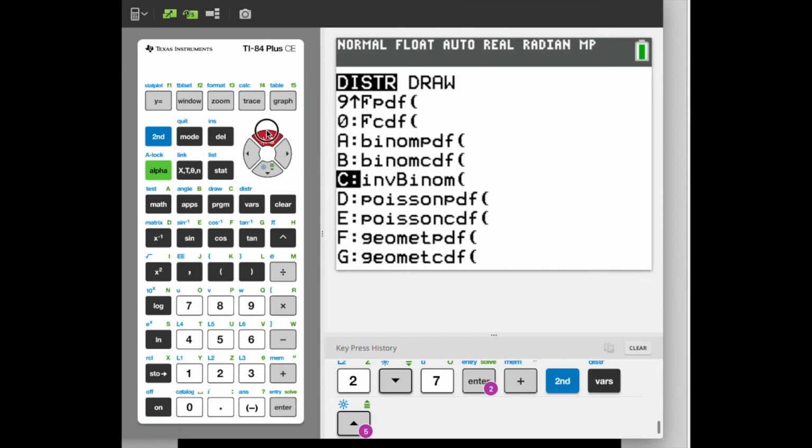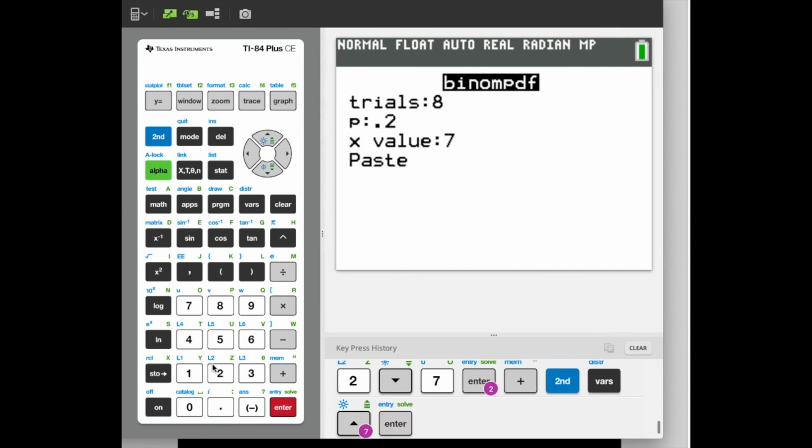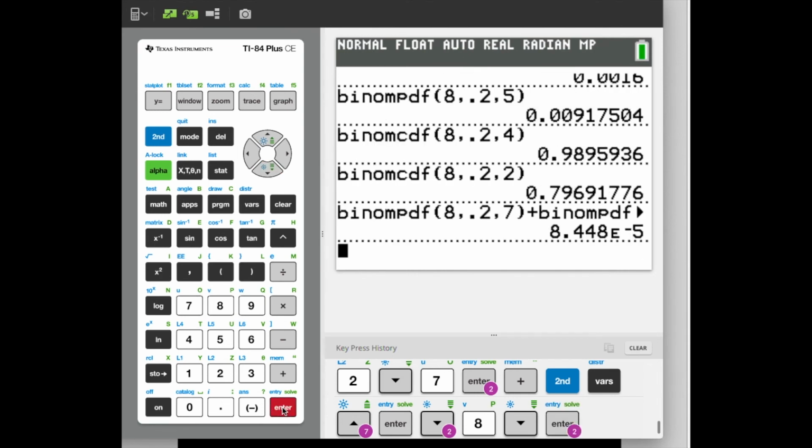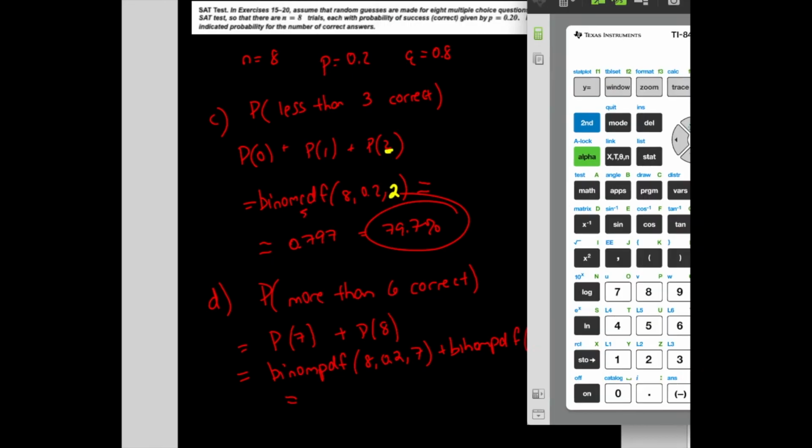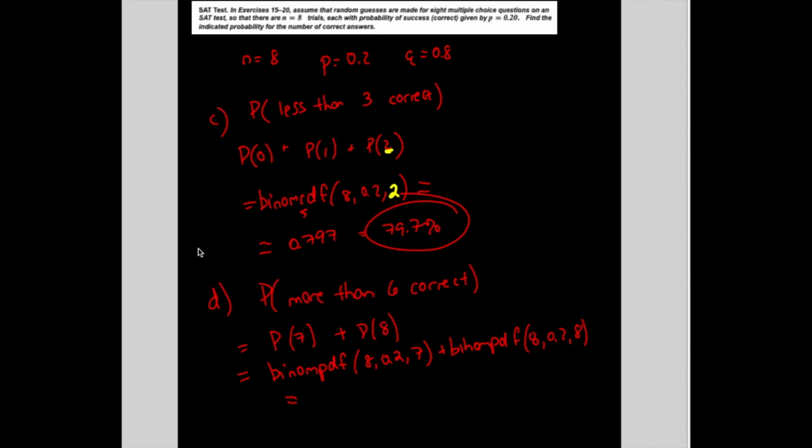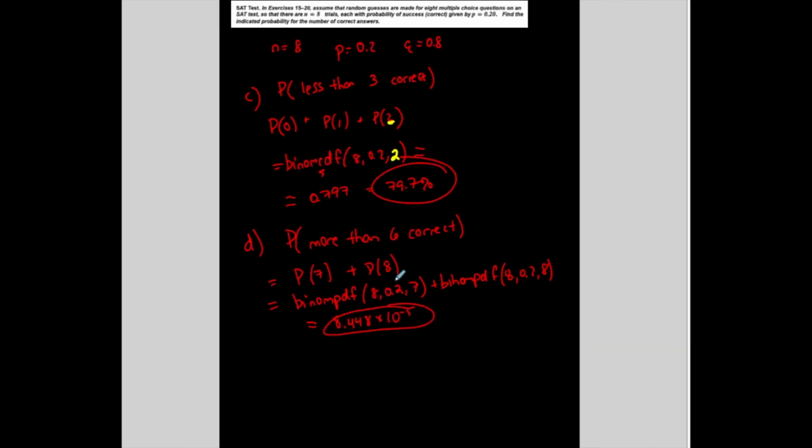So I have to do binom PDF twice, don't I? And then for 8 successes. 8.44 times 10 to the negative 5. That's really small. So I'm just going to write that as 8.448 times 10 to the negative 5 because I want to just show you something.